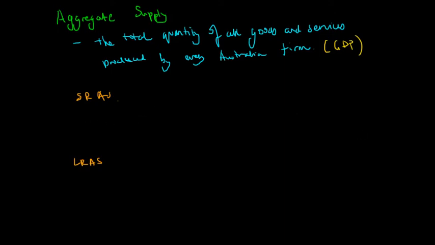So short run aggregate supply is determined by aggregate demand, whereas the long run aggregate supply is determined by the nation's productive capacity.